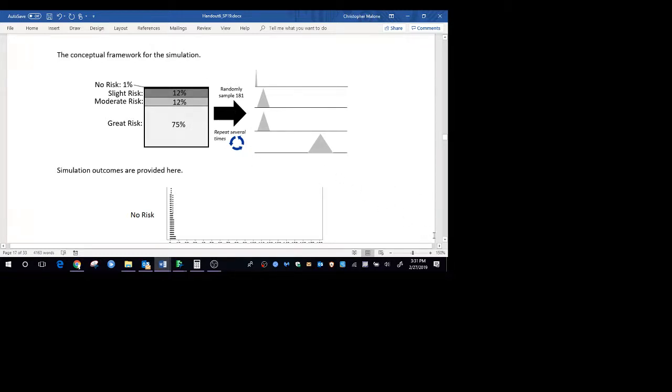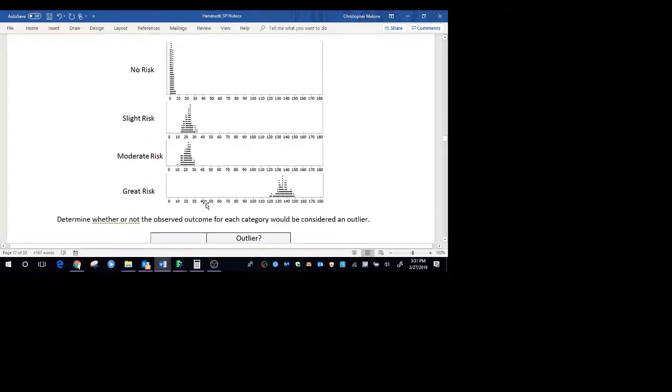Now the great risk category, again, should have a large number in them, 75%. So for the great risk category, we're 75% of the way up that number line. On the no risk category, though, we're only 1% of the way up the number line. And one thing that we notice when these proportions differ across the different categories is that some of these reference distributions are very skinny, like here for no risk, and others are not skinny at all.